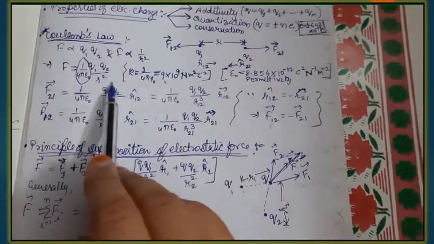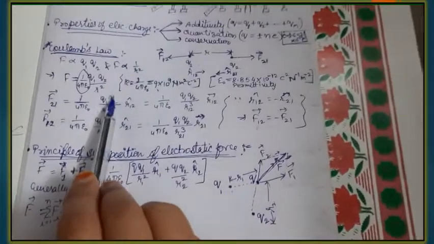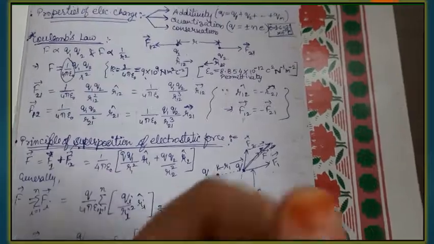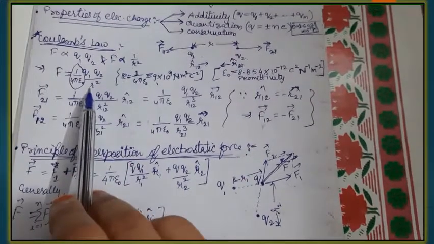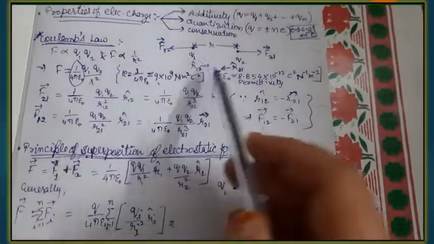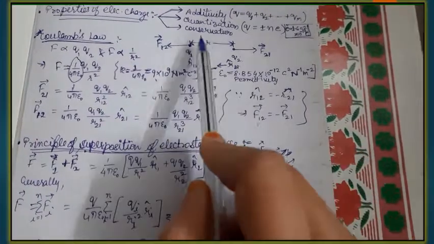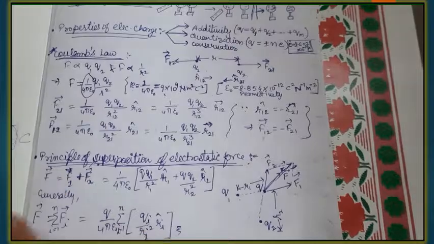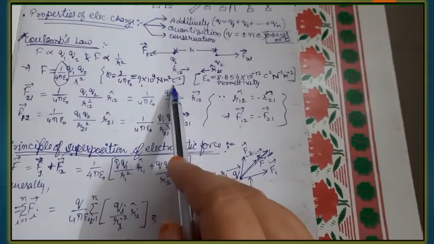So this way we get the expression for electrostatic force acting between two charges. F is equal to 1 upon 4 pi epsilon naught q1 q2 upon r square, where q1 and q2 are the magnitudes of two charges, r is the distance of separation between the two charges, and the value of constant k is given here.